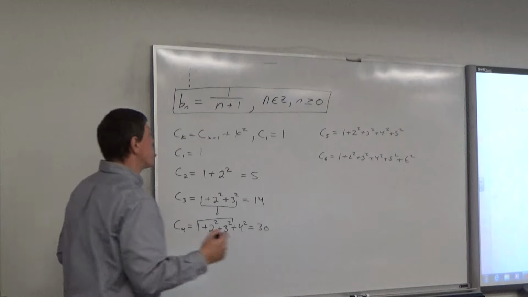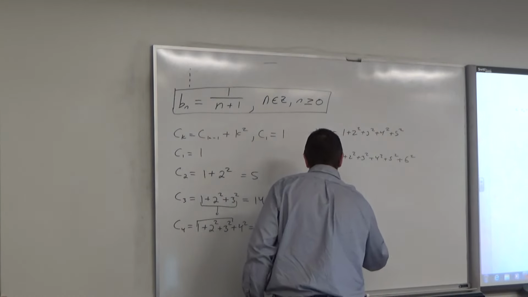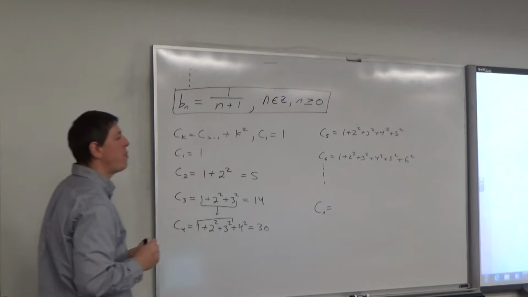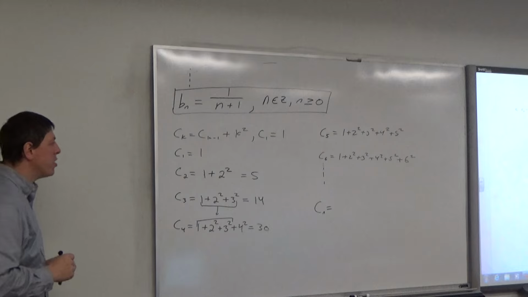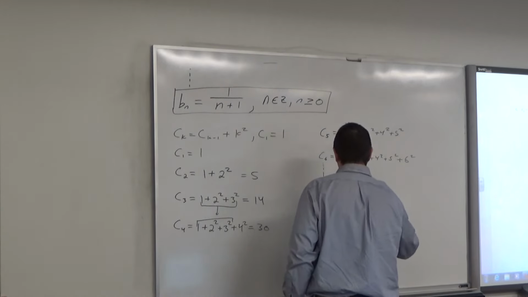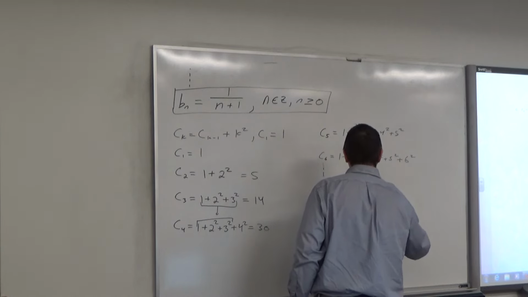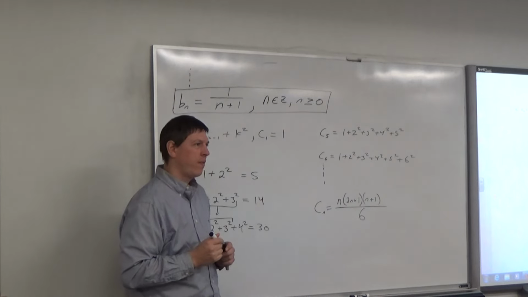Okay? So, if I was to guess a closed form for C sub n, what I might guess is something like n times 2n plus 1 times n plus 1, divided by 6, right guys?